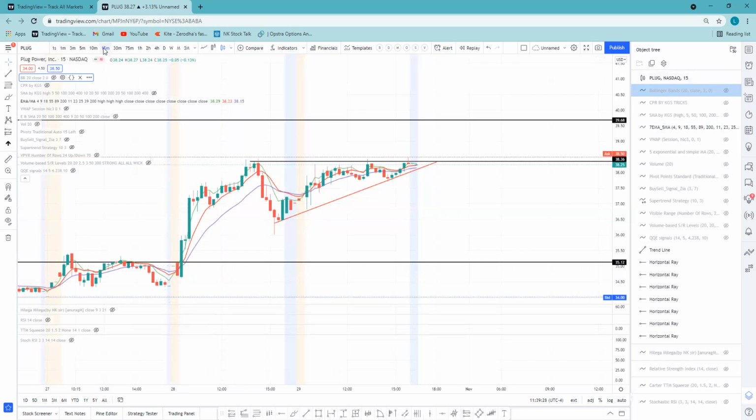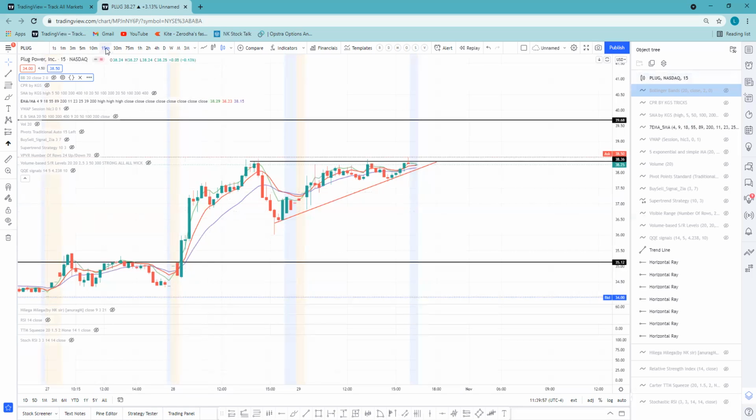What time frame are we using? 15 minutes. So 15 times 20, how many minutes? 300 minutes. Sorry, this is 4, so 15 times 4. How many minutes? 60, 1 hour. So this represents the last 1 hour of data.